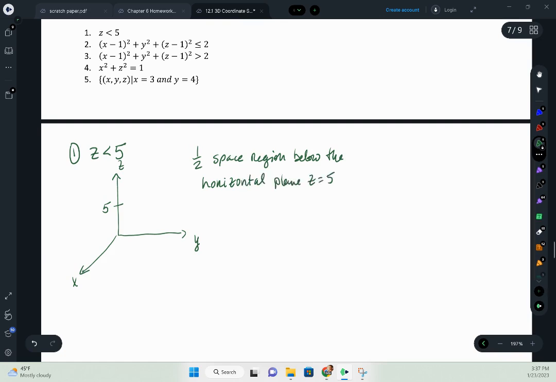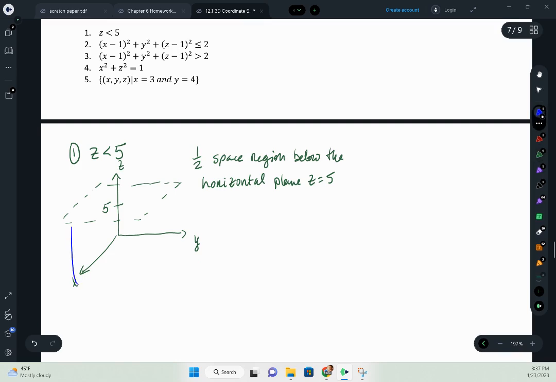Z equals 5. Now to draw this, I don't know if I really can or not. It's a kind of a rough sketch, but let's see. So I could give myself a plane that goes through at Z equals 5. And I'm going to make sure that I have dashed lines all through here.